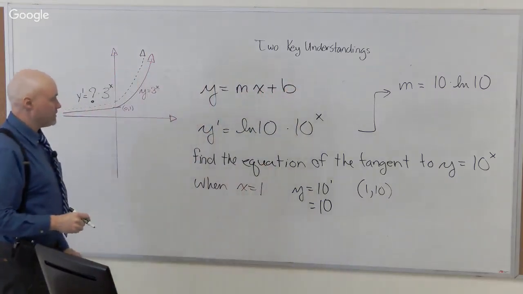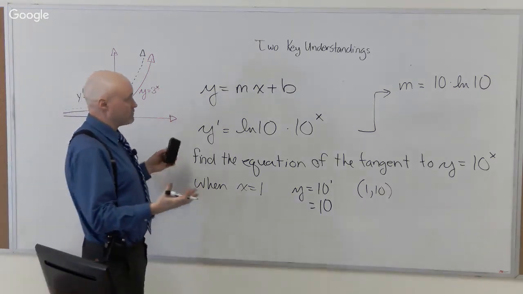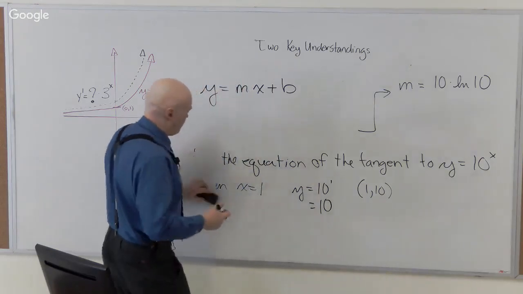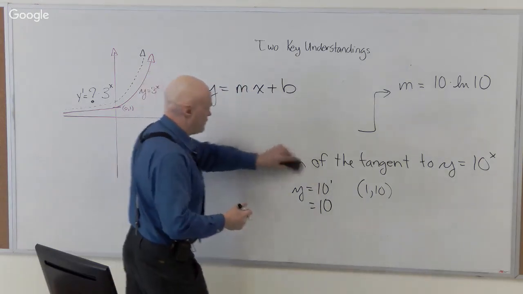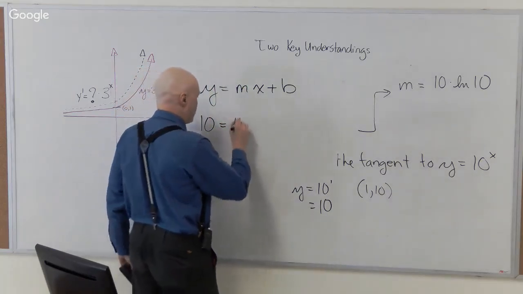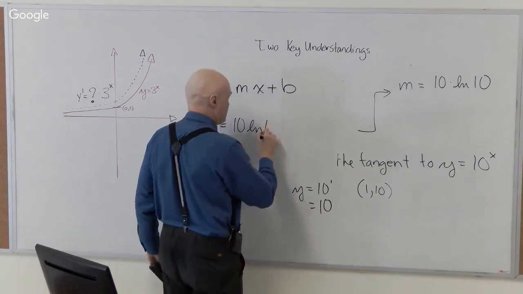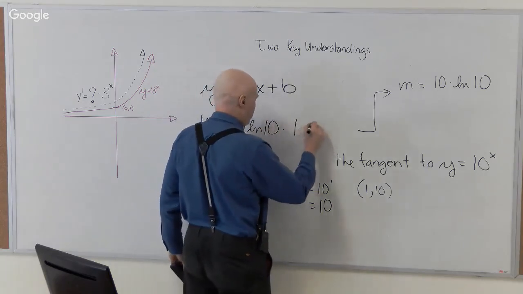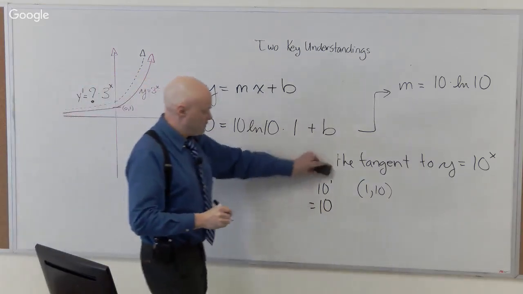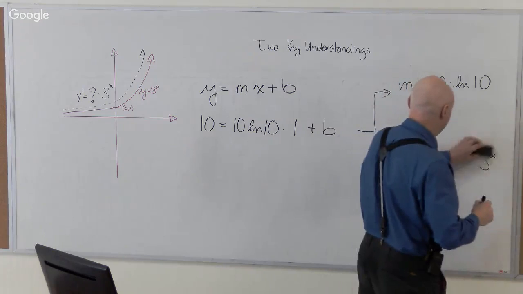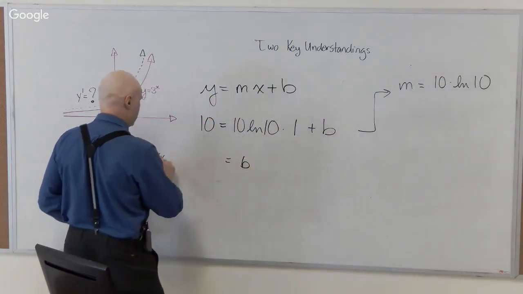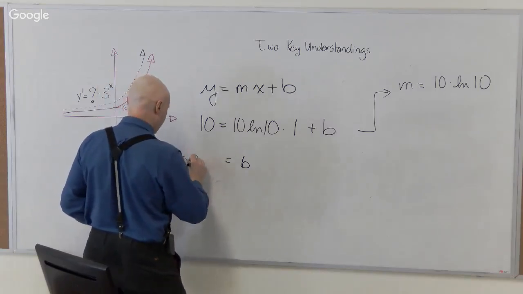And b is not going to be beautiful, but not all of us were born beautiful, so that's okay. y is 10. m is 10 natural log of 10. x is 1, and b is yet to be determined. All right, let's isolate b. And so this is equal to 10 minus 10 natural log of 10.